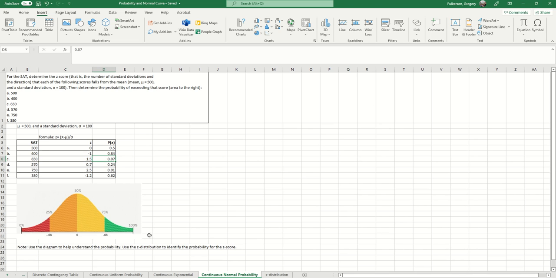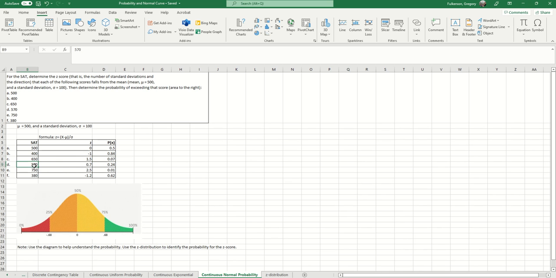So only 7% are going to score better than a 650. So I don't know if you saw how I did that. I took the 0.93 and I subtracted it from 1, which is the total probability under the curve. So 1.5, if you imagine it's going to be somewhere about right there. And we're looking for the probability to the right. And what we're getting from the table is what's on the left.